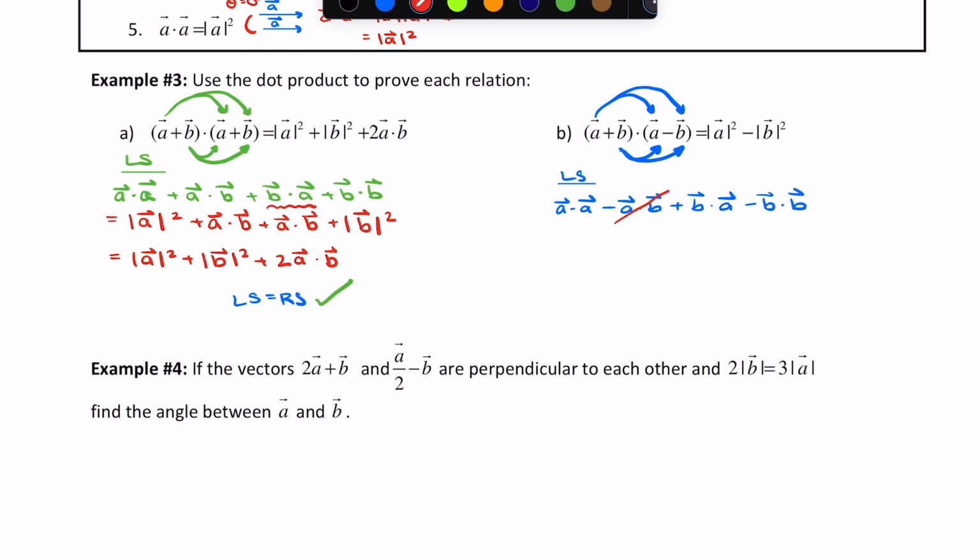So here we see that the negative vector a times vector b and the positive vector b times vector a can cancel out. And so here we get vector a squared minus vector b squared. So here we see again that our left side is equal to our right side.